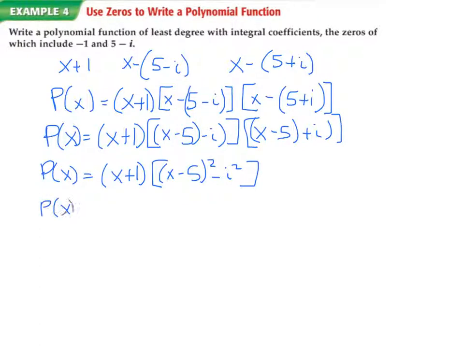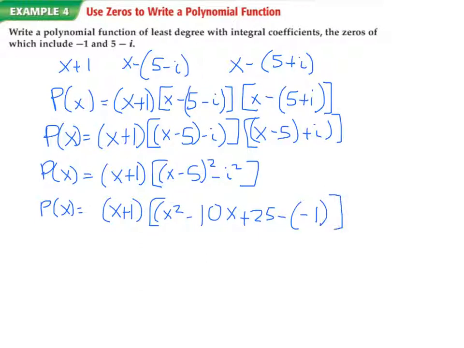So then we're going to have x plus 1, x squared minus 10x plus 25 minus negative 1, because we know that i squared is equal to negative 1. And then if we go ahead and simplify this, we have p of x equals x plus 1 times x squared minus 10x plus 26.